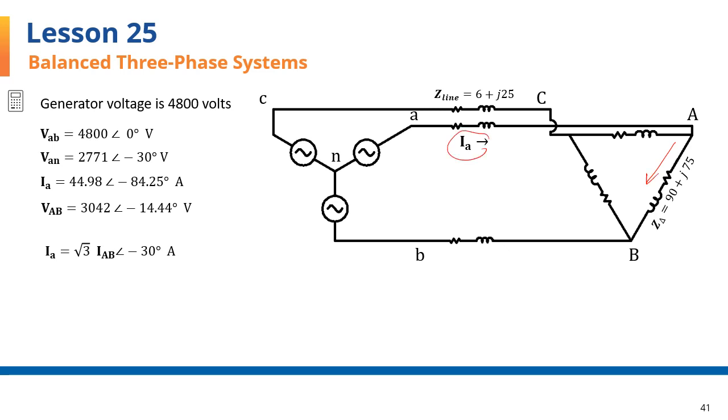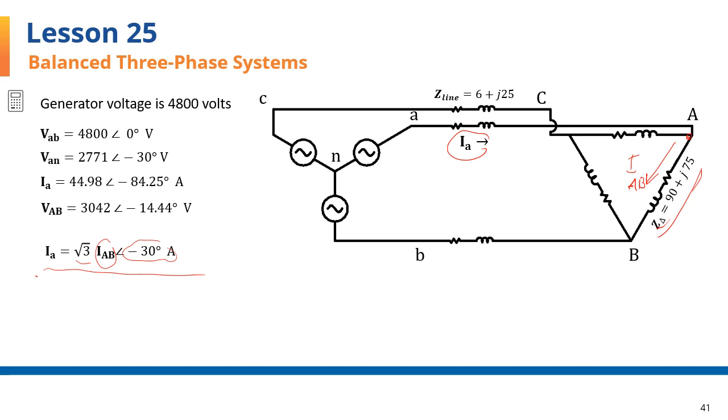Here's IA coming to this node, and IAB is the current that goes through this phase of the load in the direction from A to B. If you remember, for positive sequence systems, IA is the square root of 3 times IAB, and it lags IAB by 30 degrees.